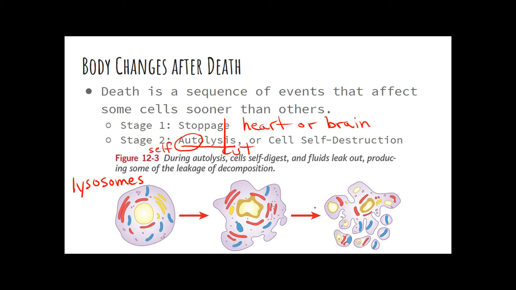It's going to explain the leakage of decomposition. Like on all those crime shows, when you see a decomposed body and there's a lot of fluid, it's because your cells are actually breaking down and releasing their fluids through this autolysis process.